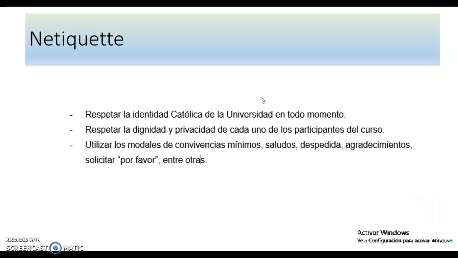In a virtual setting, we need to talk about the Netiquette. And Netiquette is all these norms that rule the behavior in a virtual learning environment. Remember, this is a Catholic university. We need to show respect with the philosophy of the institution.